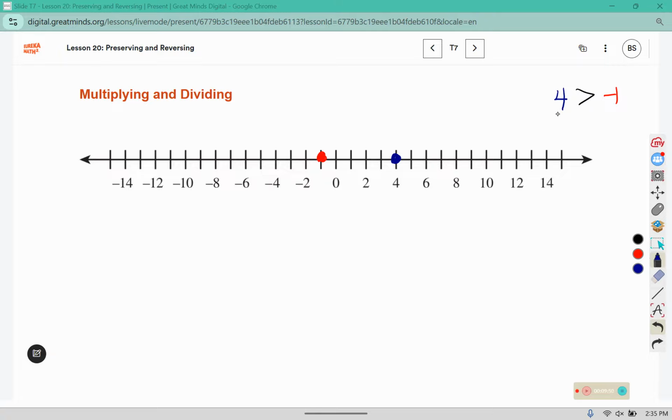If I multiply by 2, 4 times 2 is 8. Negative 1 times 2 is negative 2. Our symbol was facing this way, so let's check and see if that's true still. Here's negative 2, and here is 8. Is 8 bigger than negative 2? Yes, it is to the right.